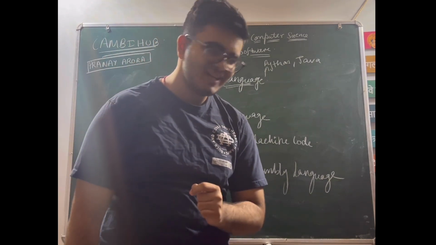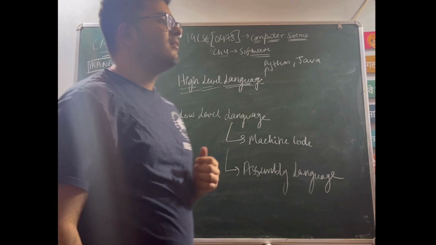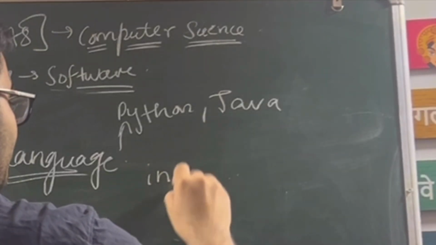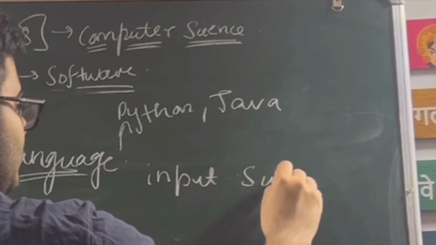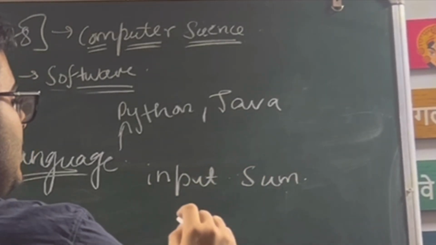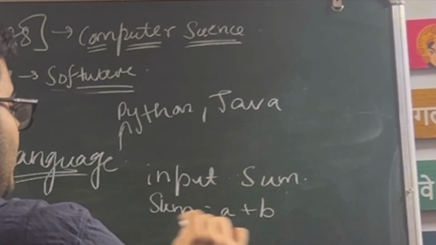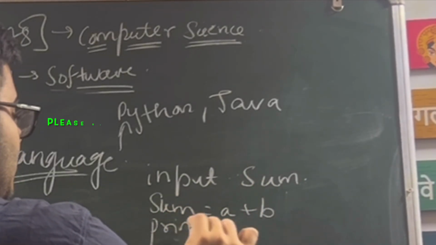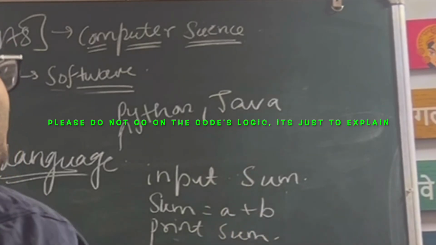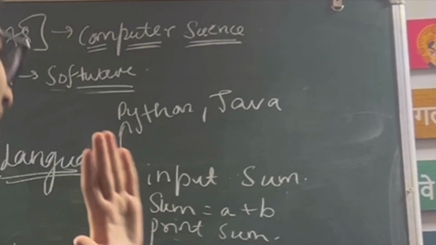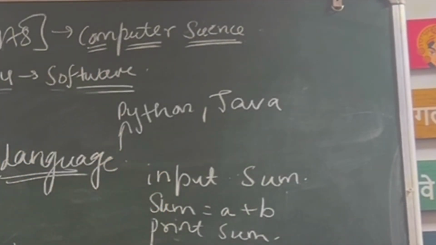Now, what do you mean by English? Something like input, sum is equal to A plus B, print sum. If you see code like that, this is Python. So this is a high-level language because you see English in it.